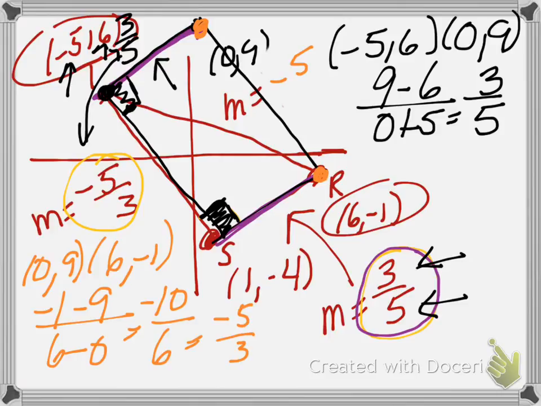I don't know what my mistake was before. So you can see that the negative 5/3 is the negative reciprocal of that, so you also have a right angle there.